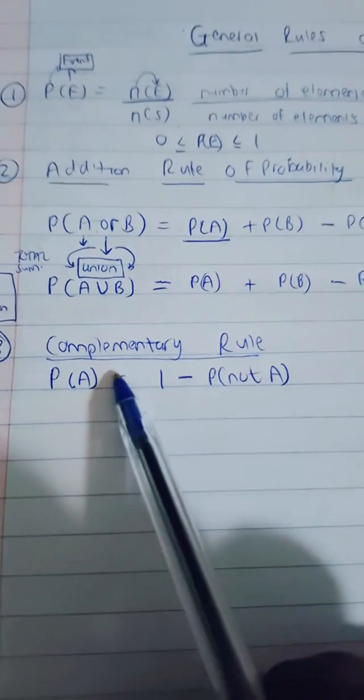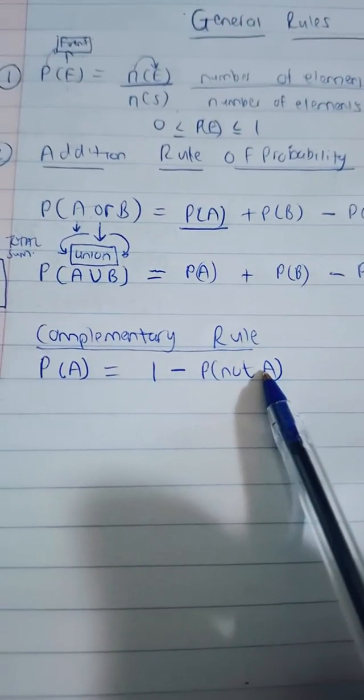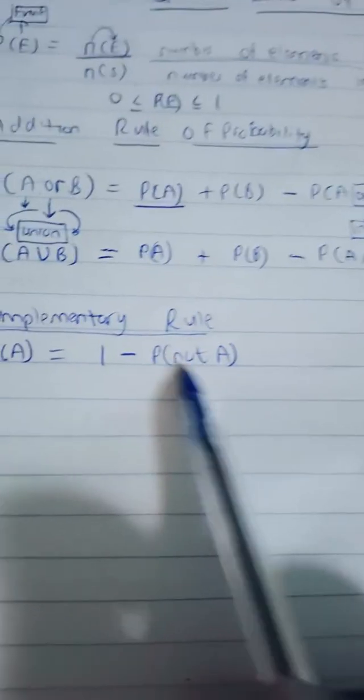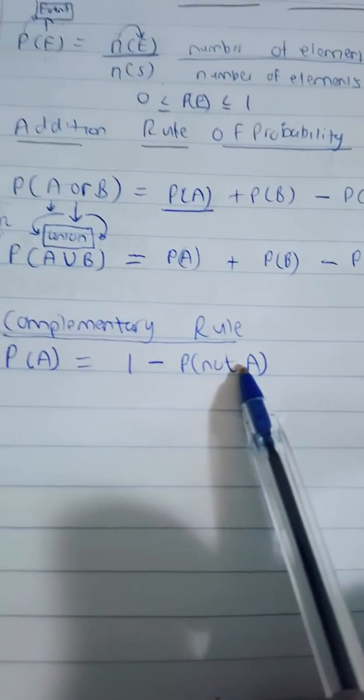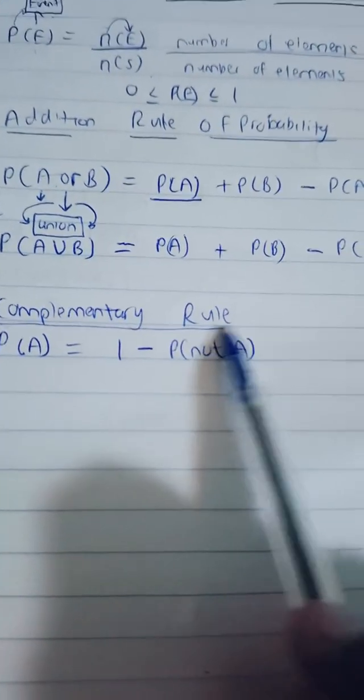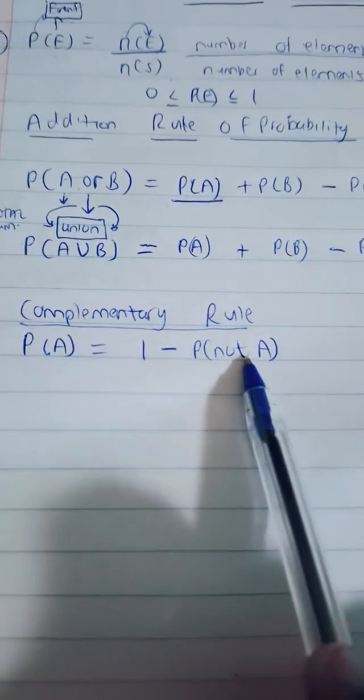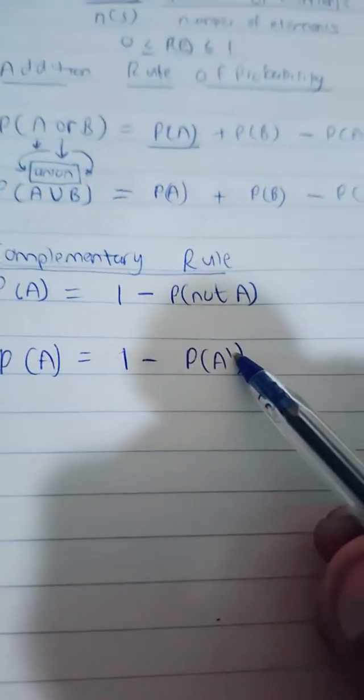So A is A. If we are saying not A, it means something that is not the probability of A. That's why we say the probability of not A. So the probability of A is equal to 1 minus the probability of not A. An alternative notation is 1 minus P of A, with this apostrophe.